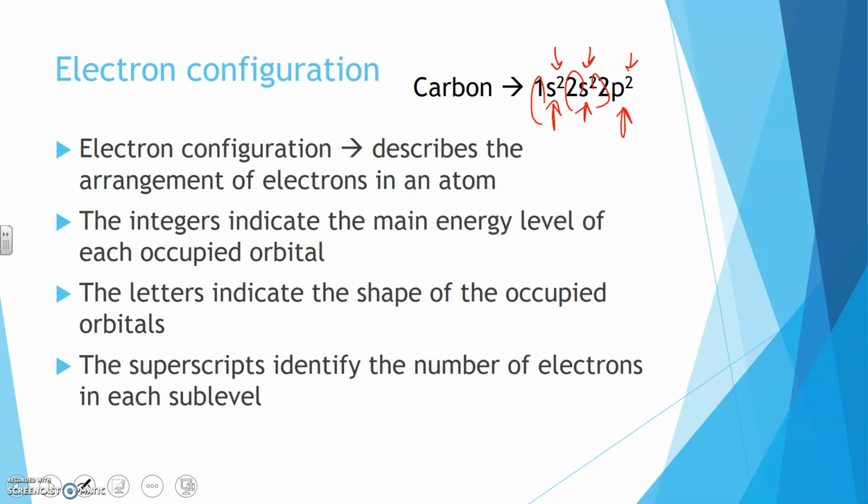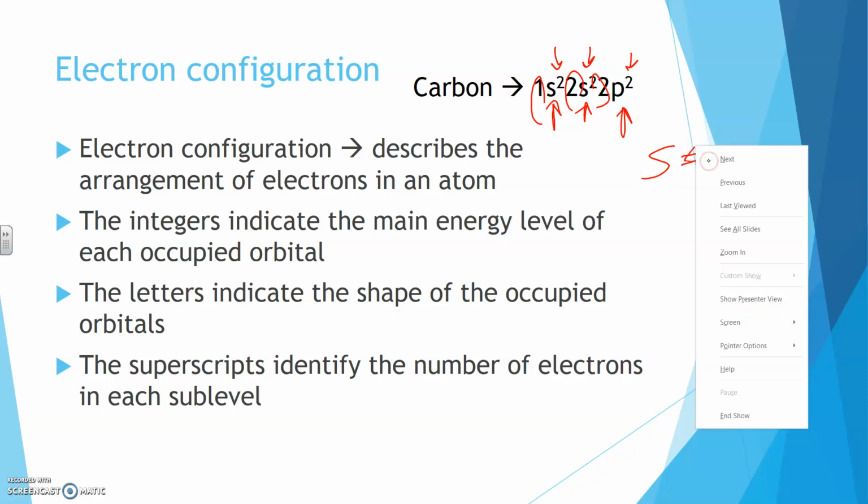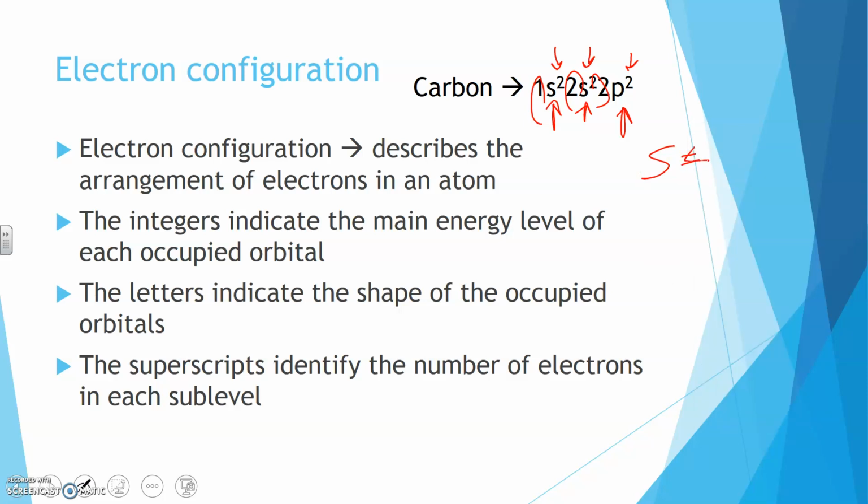Now, again, remember, s can be up to 2. s can be less than or equal to 2, meaning that there is a max of 2 electrons that can go into each s orbital. p can be less than or equal to 6, d is less than or equal to 10, and f is less than or equal to 14.